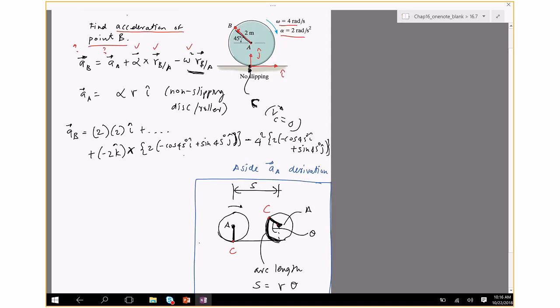Okay, so everything is known. The hardest part is the cross product, but that's not hard either, right? K cross i will be j, and k cross j will be minus i.